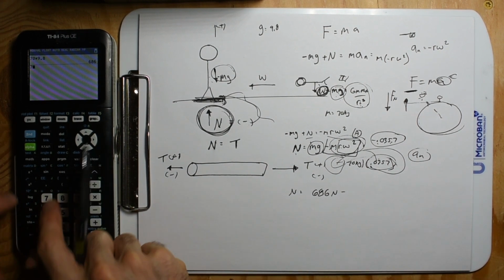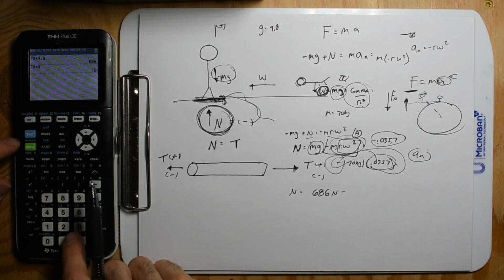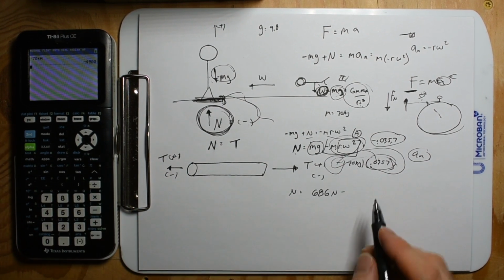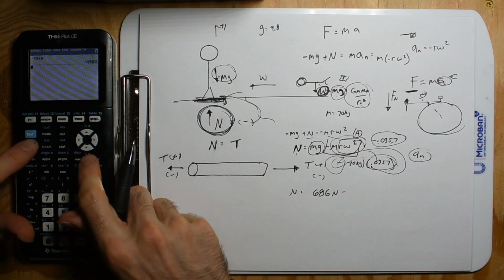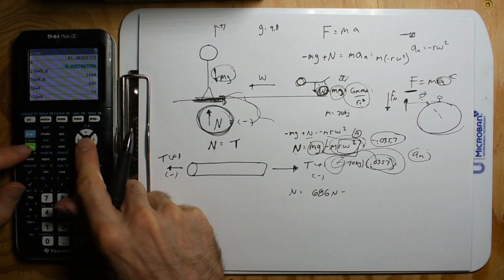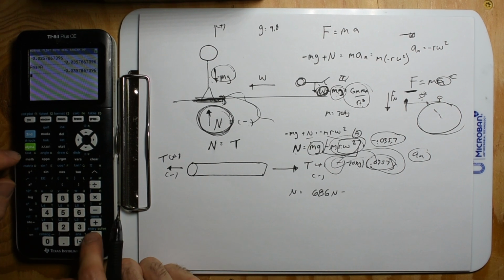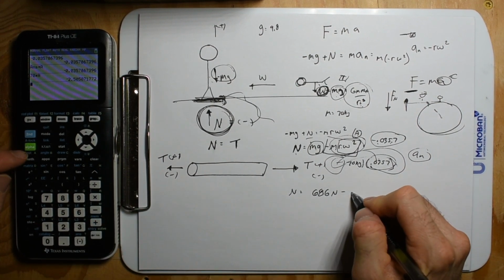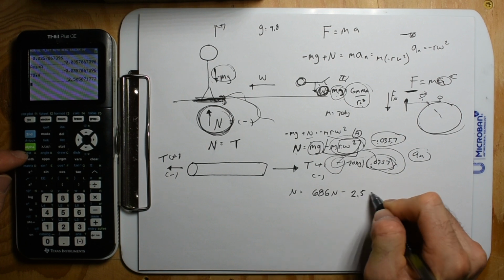And then so we have negative 70 times alpha A. Oh, bummer, I lost my value for that. Okay, so there we go. 70 times alpha A, and we get minus 2.5 newtons.